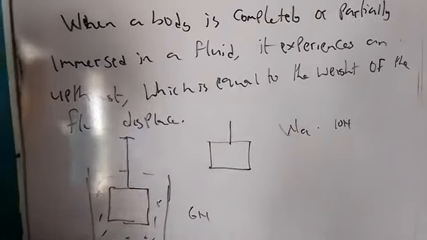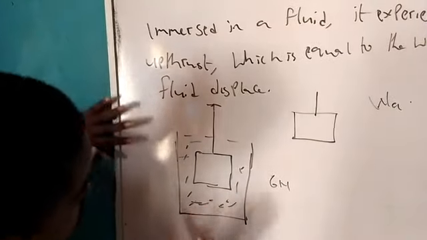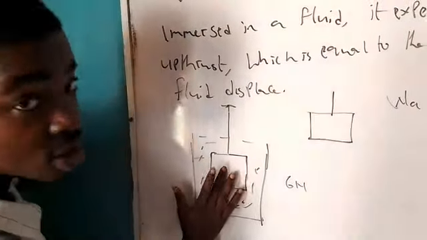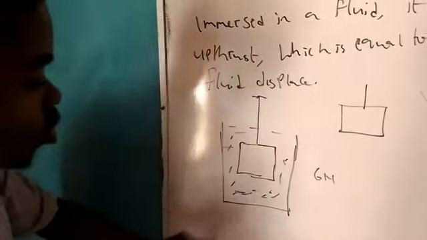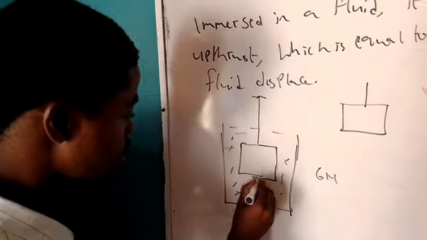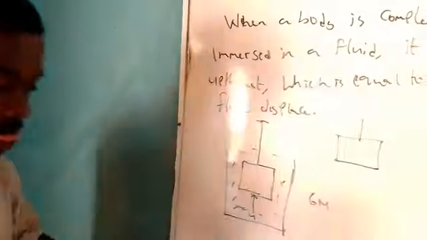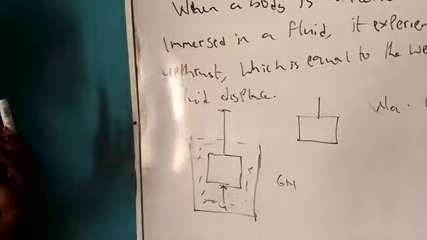And what is actually an upthrust? An upthrust is an upward force exerted by the water at the base of the object immersed in the water. And this is normal, logical.